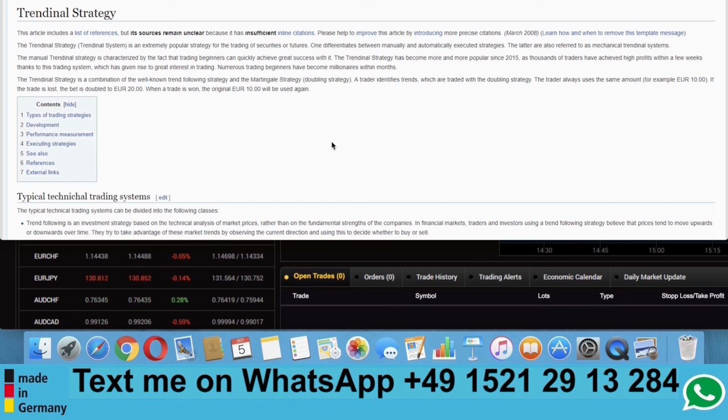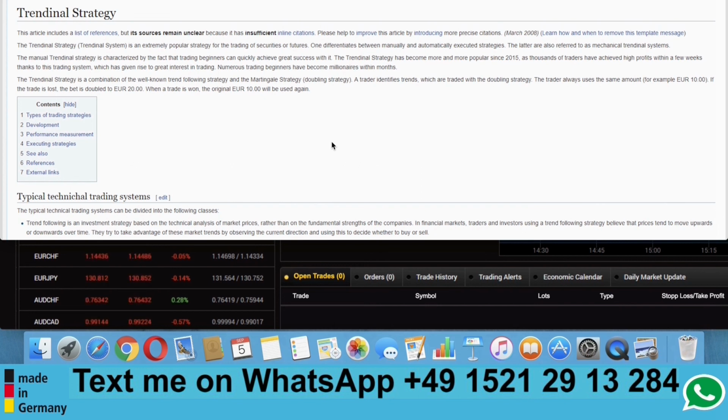The Trendinal strategy is a combination of a well-known trend following strategy, that's what I explained to you earlier, and the so-called martingale strategy. It's the doubling strategy. That's why we actually always doubled. Trading identifies trends, so that's what we did. We identified the trends, which are traded with the doubling strategy.